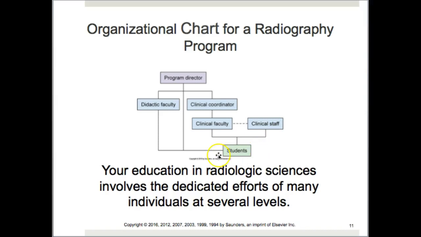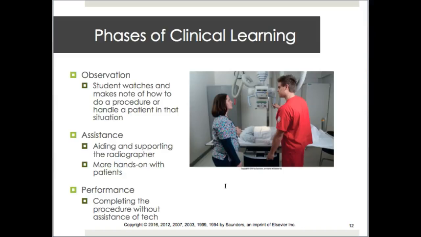And then you're underneath all of that. So it could have here your CI and your technologist, and then you're here, or it could drop down to where the staff is here and then you're down at the bottom. You'll work your way up, don't worry.